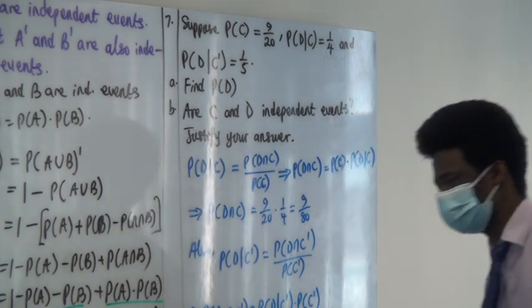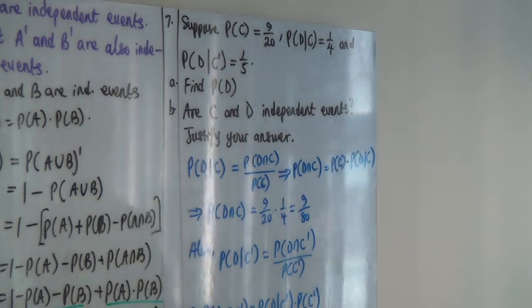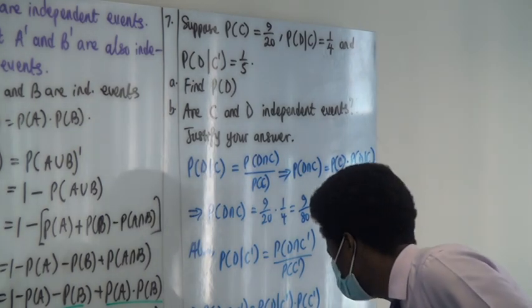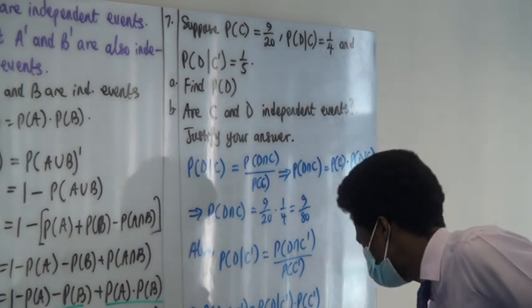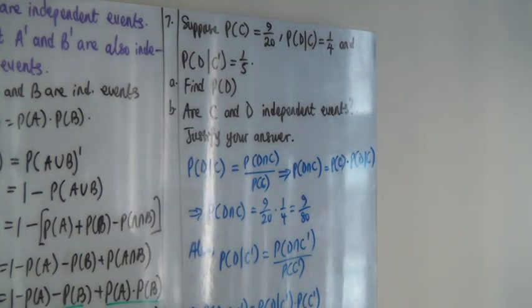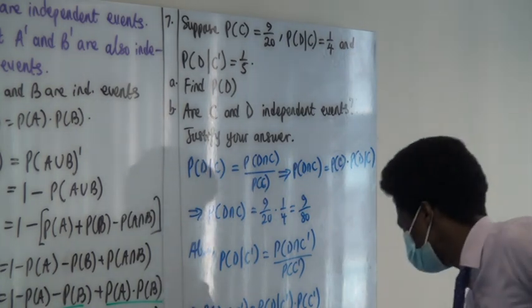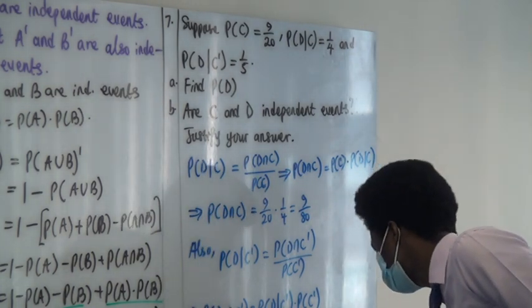So, what is this? 1 over 5 times 1 minus 9 over 20, so you can write 11 over 20 directly. And that gives us 11 over 100.